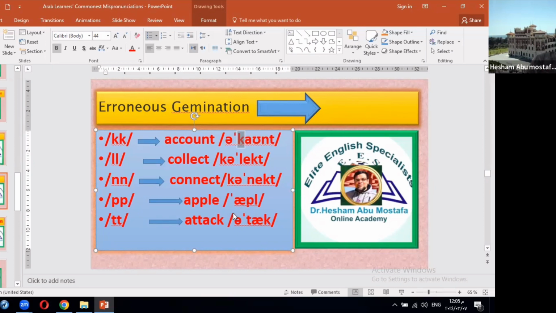"At-tack" is wrong. Why? Because we should depend on transcription, not letters. Here we have two letters, but we have only one sound. So it's attack, okay?